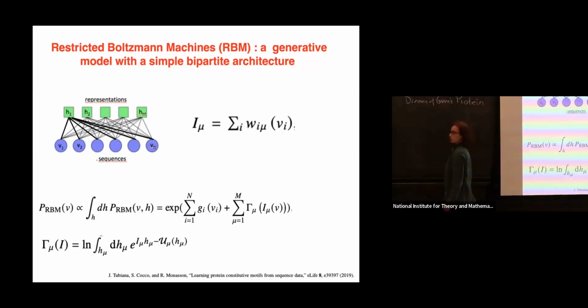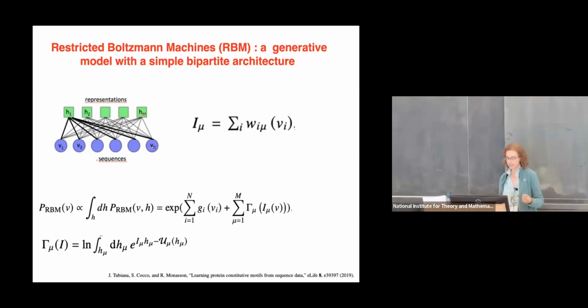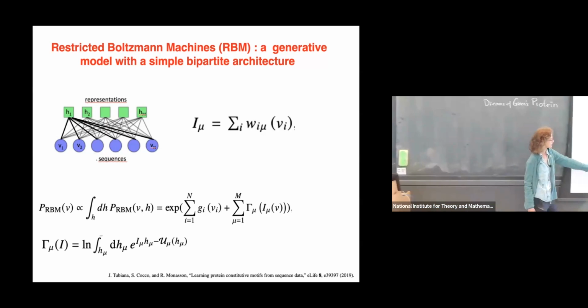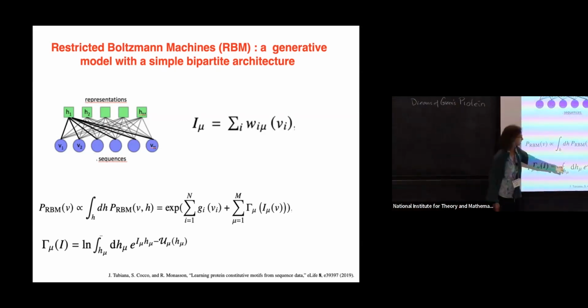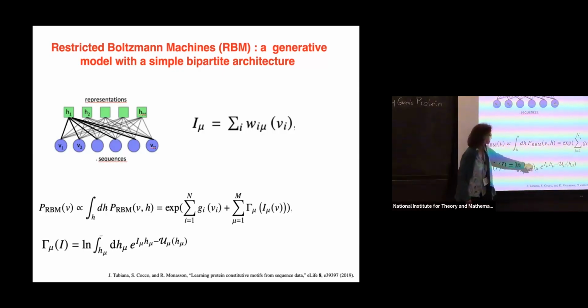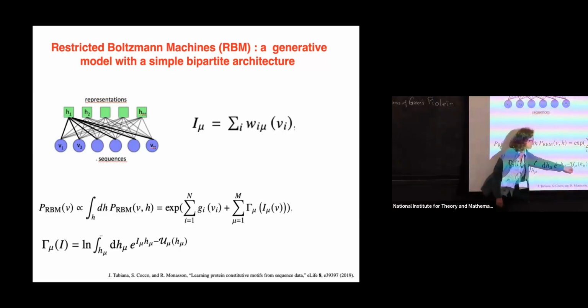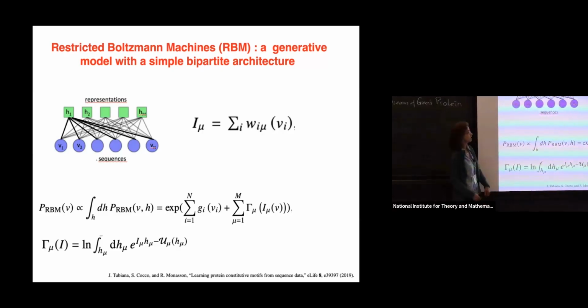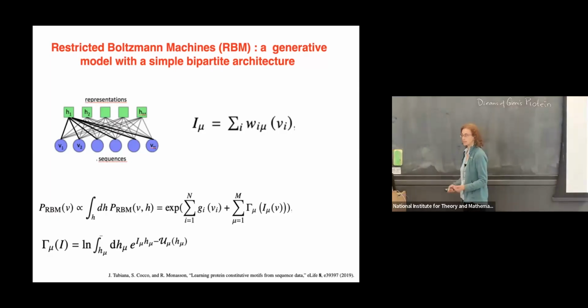Okay, so you have really a nice way of writing this probability formally, and this potential is just the logarithm of the integral over hidden units of just these two terms. So this is the term of input in hidden units, and this is the term of potential, which determines the way the hidden units activate.